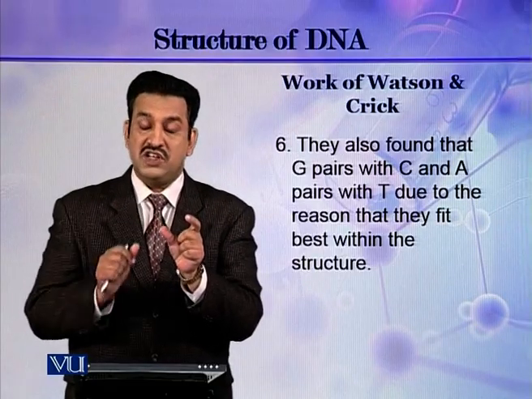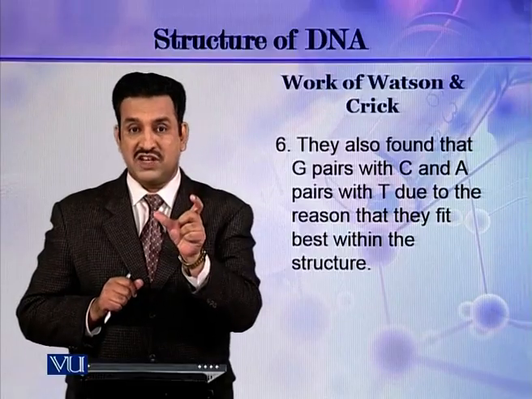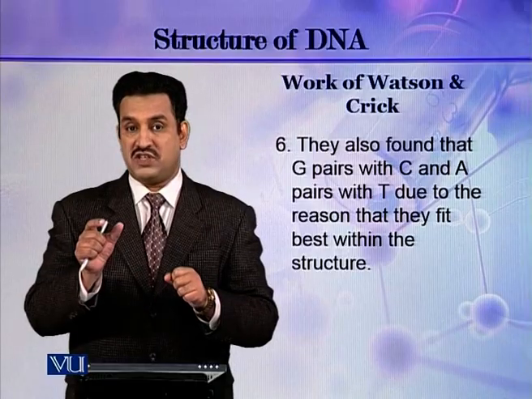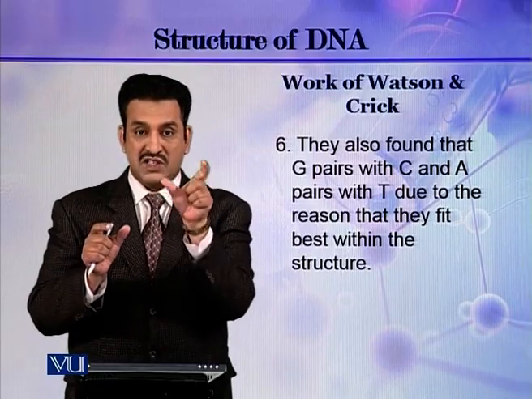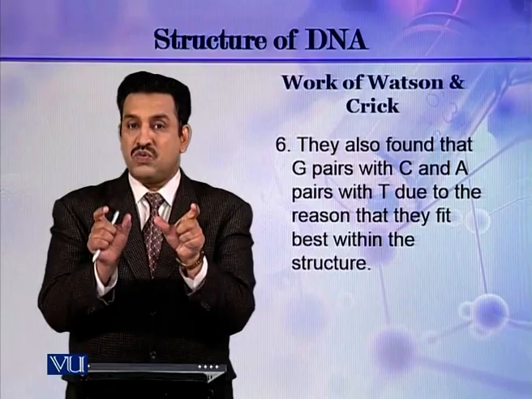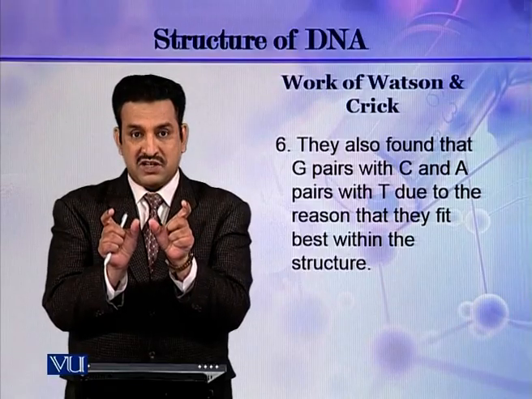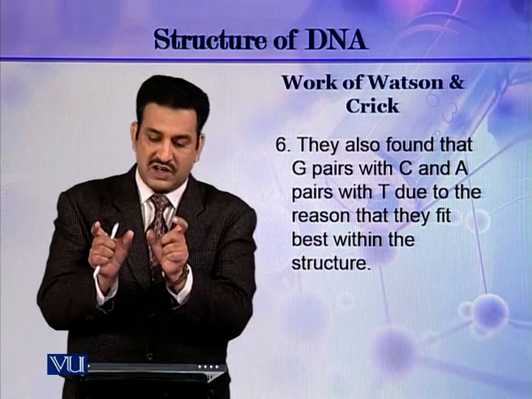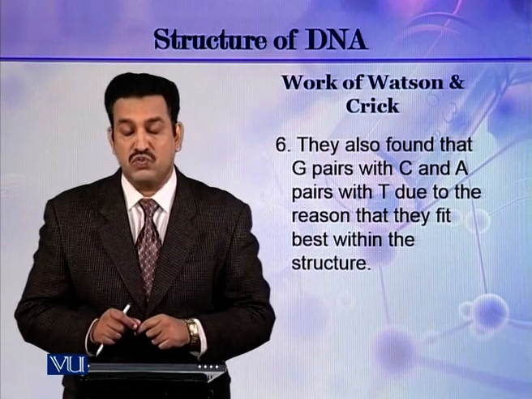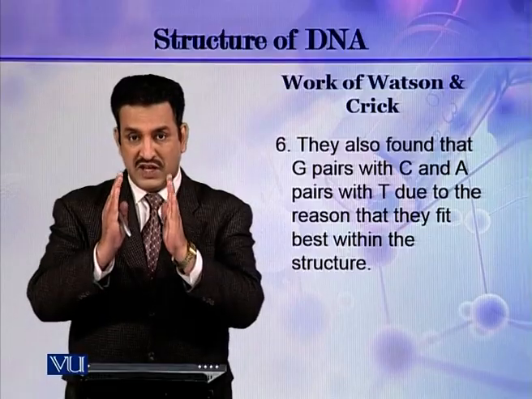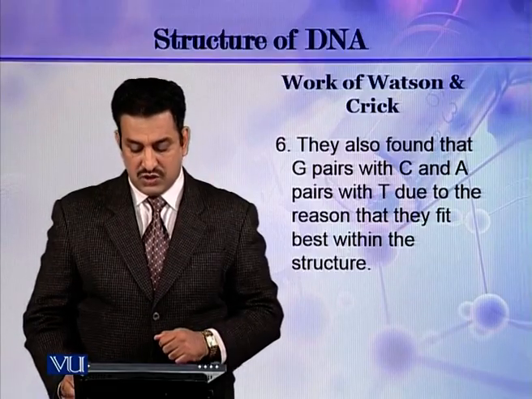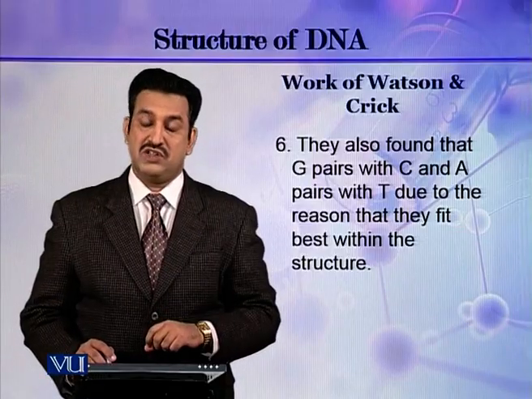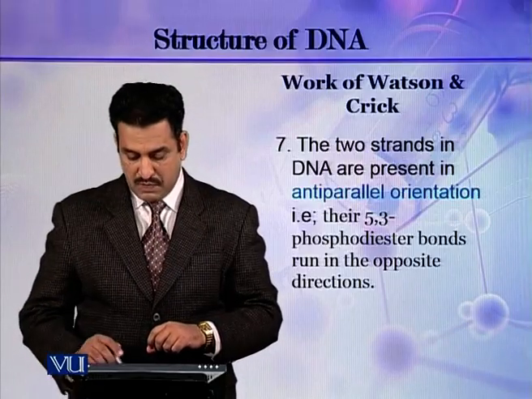Again, G is a purine, larger size, and C is a pyrimidine which is of smaller size. So one base is of larger size, the other one is of smaller size. Similarly, if a larger base comes on this side, a smaller one will come on this side. In this way, a uniform helix will be formed. So these combinations best fit in the structure of the helix.